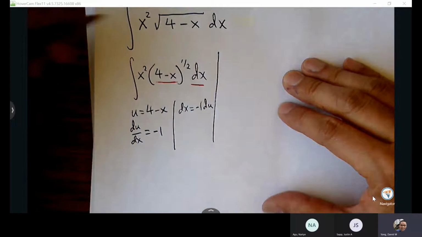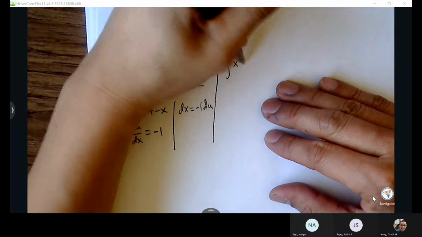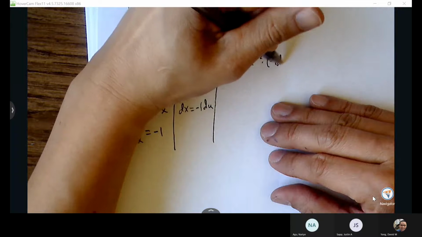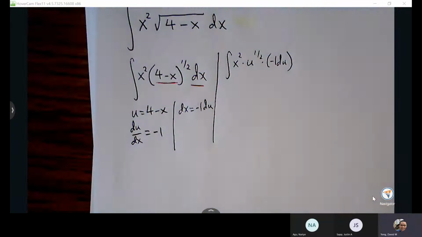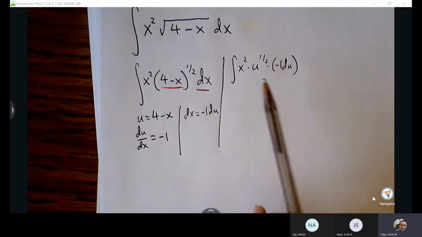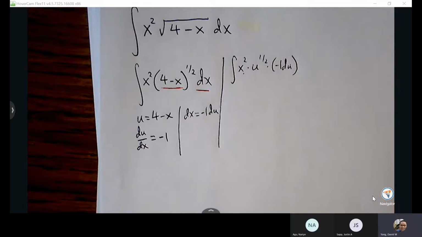Okay. Let's make our substitutions now and see what we need. Okay, good so far. All right, we can move forward. We can move the x squared up. Wait, why would it be -1 du cross multiply?